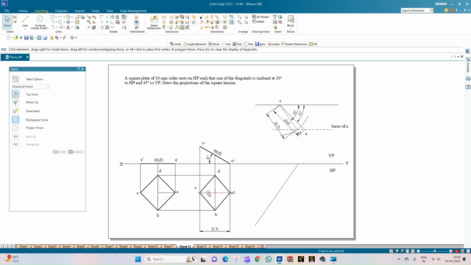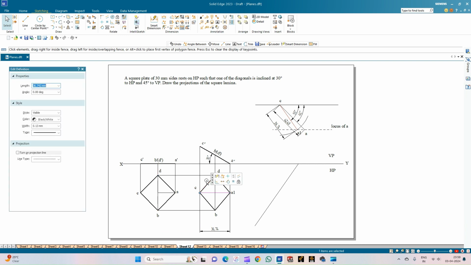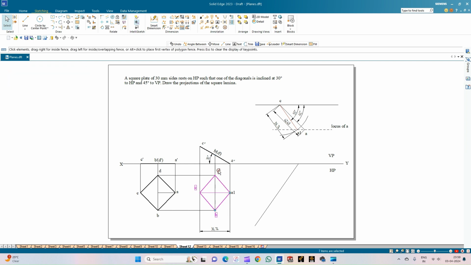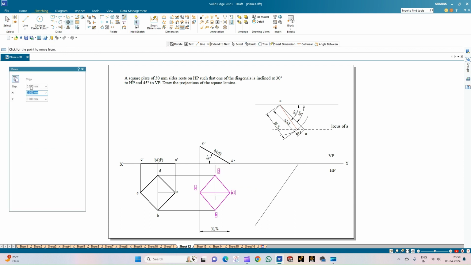So now I can have this diagonal. So along with the diagonal, let me select the square and also the annotations. Now select the move option, ensure the copy is on. So keeping the point A1 as the reference, move it on the 55-degree line, and then select the rotate option.